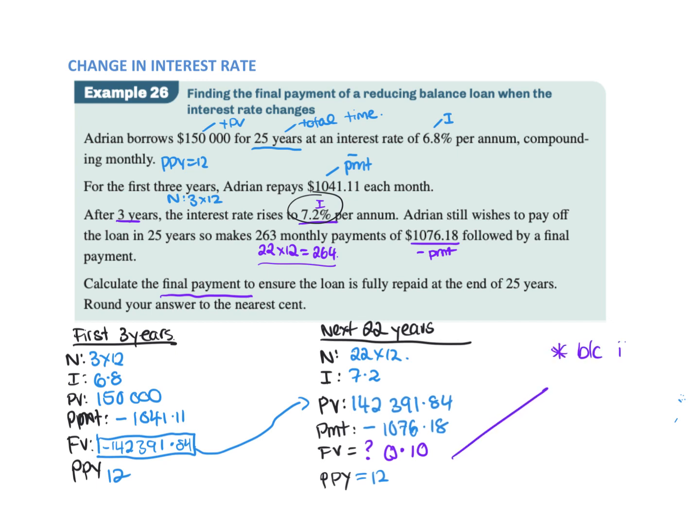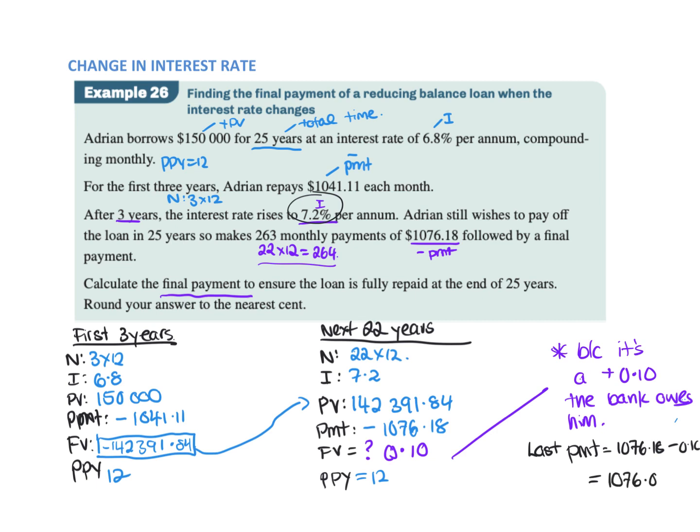Because it's a positive 0.10, the bank owes him. That means his last payment doesn't need to be that. His last payment can be 10 cents less. So it's going to be 1,076.18 minus the 10 cents. So his last payment is going to be 1,076.08.